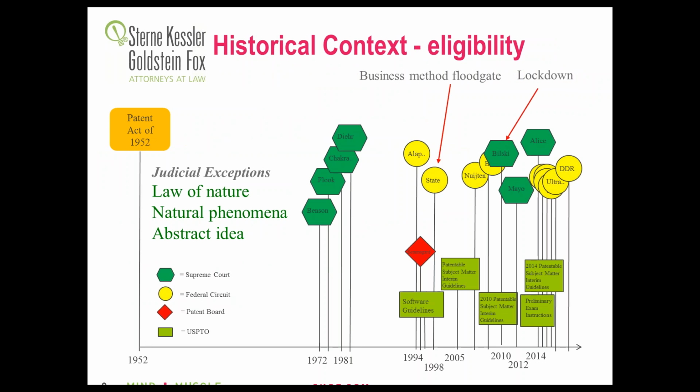So let's take a look at just a snapshot of the history of 101 provenance. For the first 20 years, since 1952, when Section 101 made it into law, there were no issues until the glut of Supreme Court cases in the 1970s that resulted in the three judicial exceptions: law of nature, natural phenomena, abstract idea.